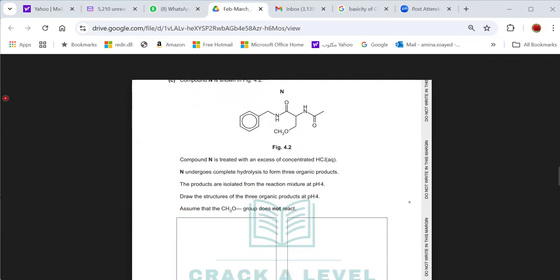So we know that when we make hydrolysis, then the bond between the NH and the C double bond O breaks.